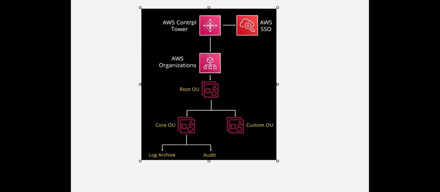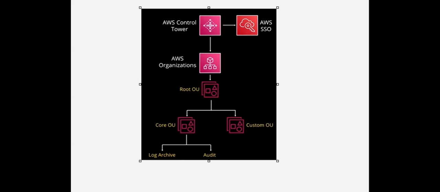By using this Control Tower only, you can create these root organizational units and users for log archival, audit, or custom organizational units. You can use this directly from the console, or you can sign in by using the single sign-on option.